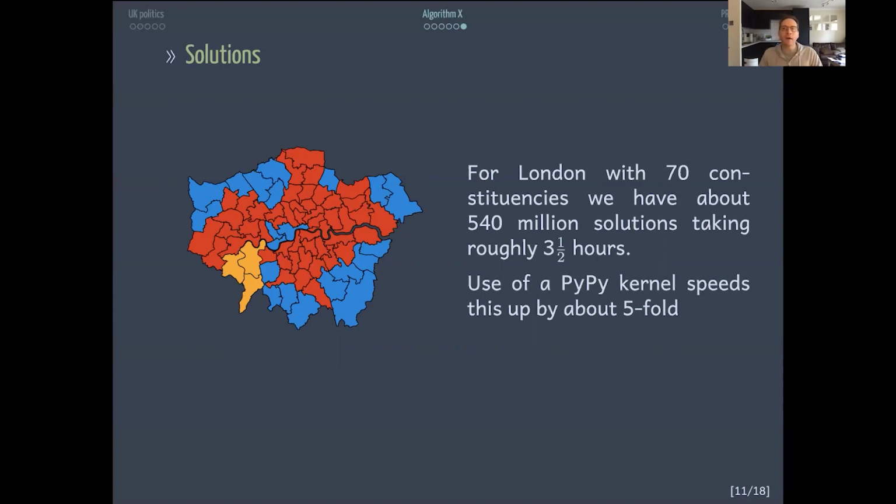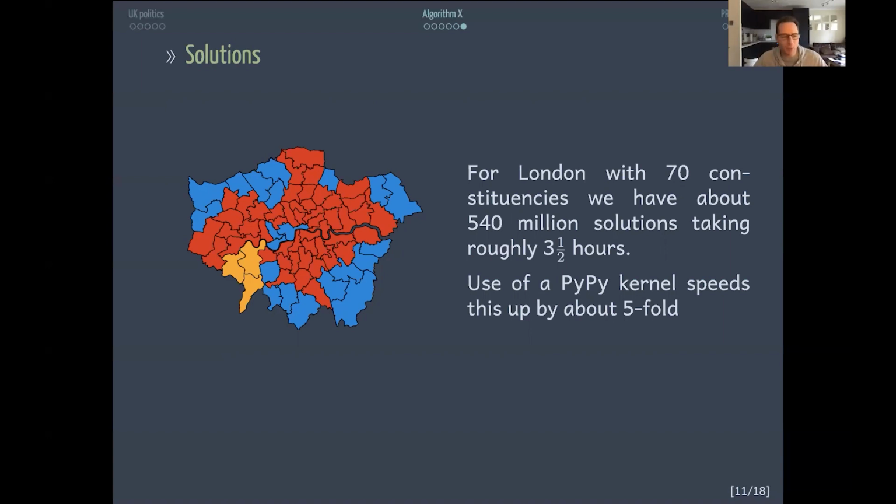So if I put in the same data frame but in a different order, it would still give me the 540 million solutions, but in a different order. So one way to speed things up was to run it for a few minutes, get a couple million solutions, take a random sample of those, and then exit, shuffle the data frame, put it back in again, get a couple more million solutions, and take a random sample. That sped things up as well. And the other way I found was to use a PyPy kernel.